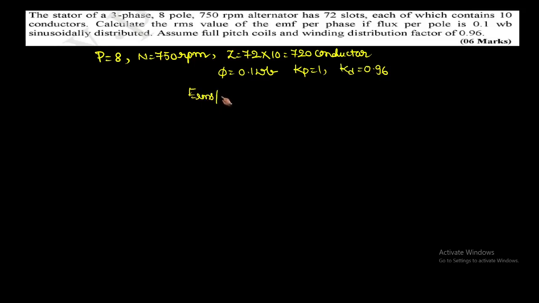The ERMS per phase formula we already know: 2.22 Kp Kd f phi Z. So multiply 2.22 into the Kp value, it is a full pitch coil, the Kd value is 0.96, the frequency is 50 Hz, the phi value is given as 0.1, and the Z value is 720.